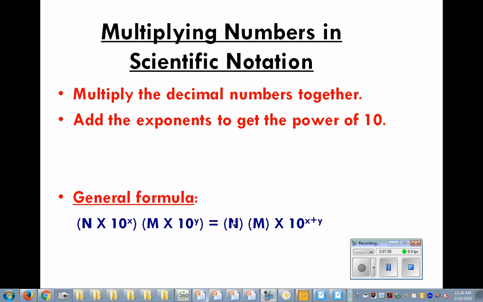So the general formula will be, m times 10 raised to x times m times 10 raised to y. Multiply the two decimals, m times m, then 10 raised to x times 10 raised to y. Since we are multiplying the same base, you keep the base, and then add the exponents x plus y.